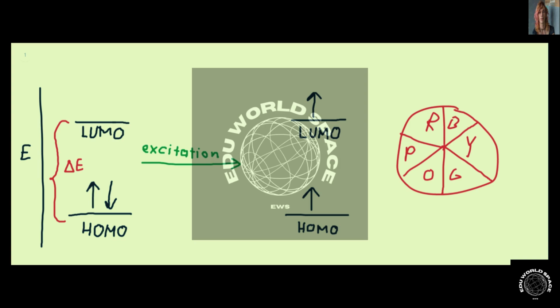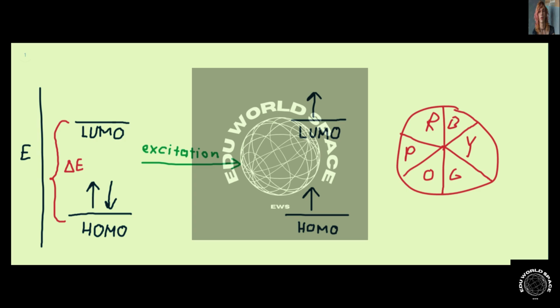We can know the color of a specific powder based on the delta E of our HOMO-LUMO gap, because we're going to excite an electron from our HOMO level to the LUMO level. The delta E of this transition is the wavelength of energy that is being absorbed.